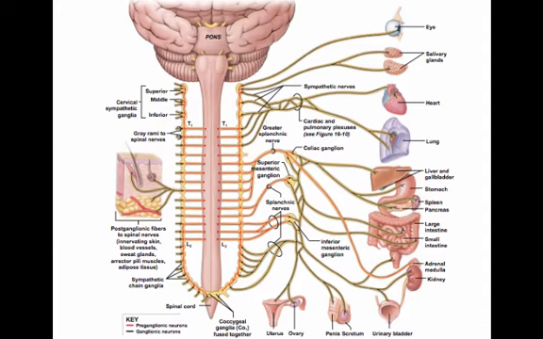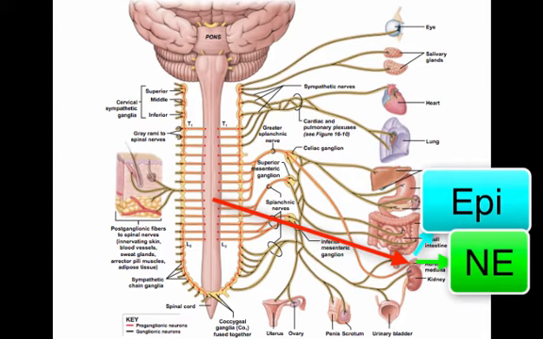The preganglionic neuron is longer and extends from the spinal cord to synapse directly onto the adrenal medulla. The adrenal medulla is the innermost area of the adrenal gland. The neural tissue of the adrenal medulla acts as modified ganglionic neurons. When these axons are stimulated, they cause the adrenal medulla to release neurotransmitters such as epinephrine and norepinephrine into the bloodstream.